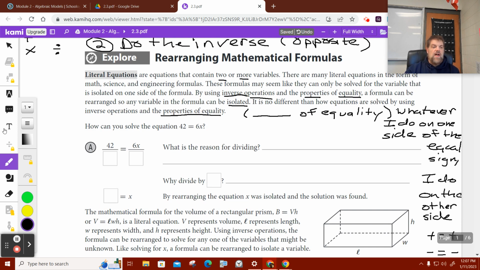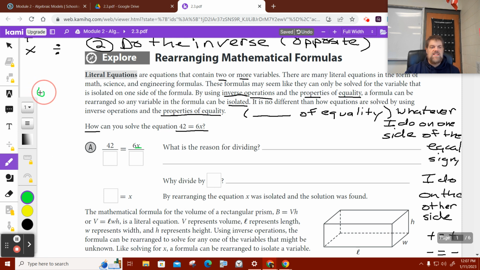So let's look at this. I want to unpack this. Remember, we're asked to solve 42 equals 6x. Now, you could guess what number x is. Remember that x is a variable and it represents a number, and you could guess what it is. Or you could use algebra. When we want to use algebra, I want to get the x all by itself.